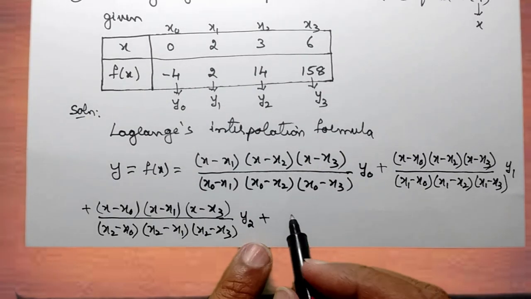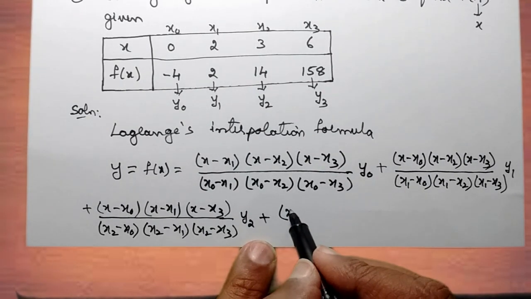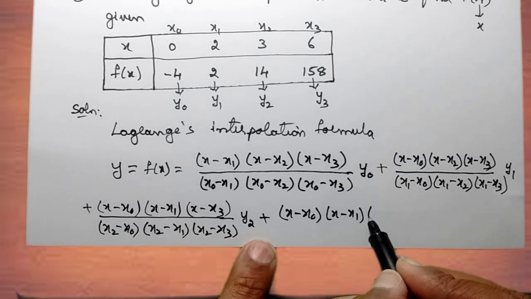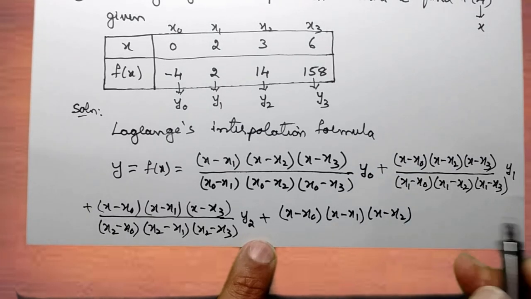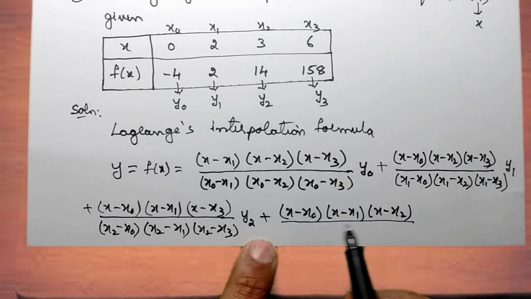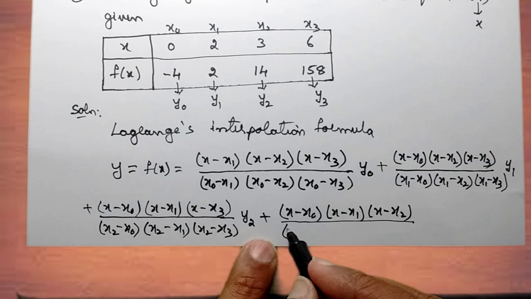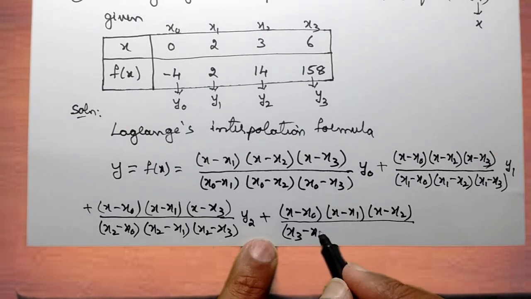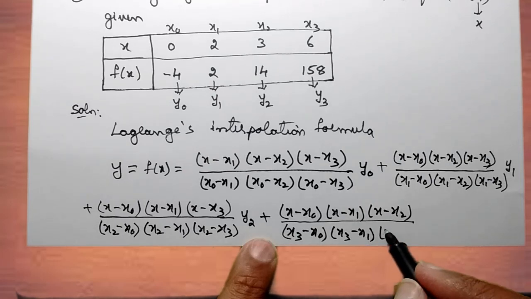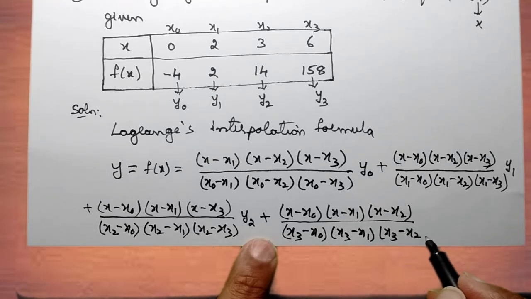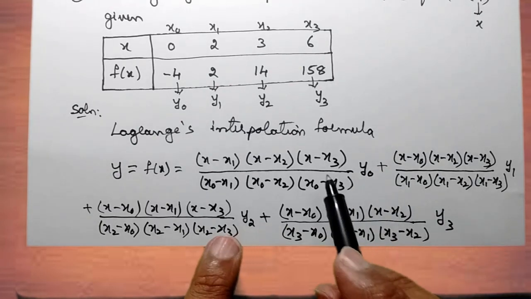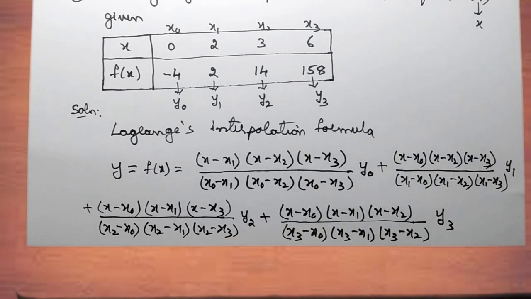Plus, then the next term will be x minus x0, x minus x1, x minus x2, the last term x3 will be missing there, whole divided by, because x3 is missing, in place of x you have to write x3: x3 minus x0, x3 minus x1, x3 minus x2. The corresponding value of y will be y3. So all the values have been included here.